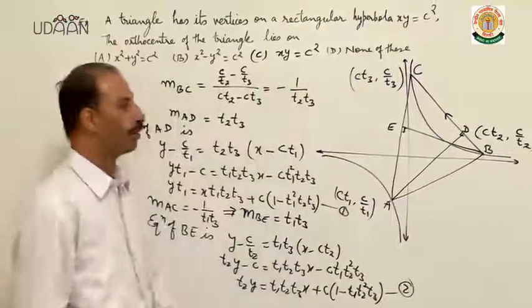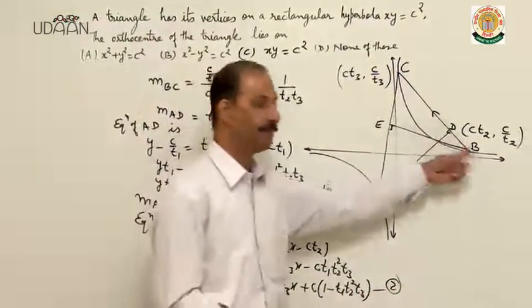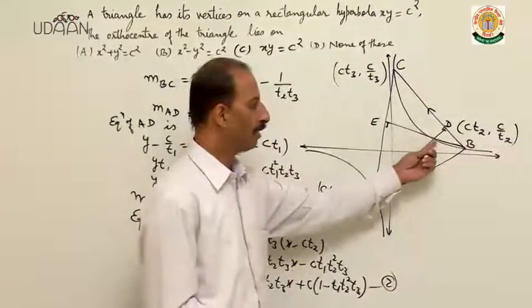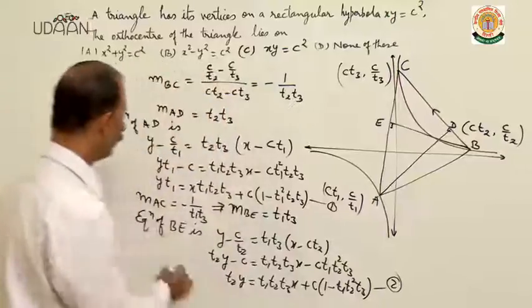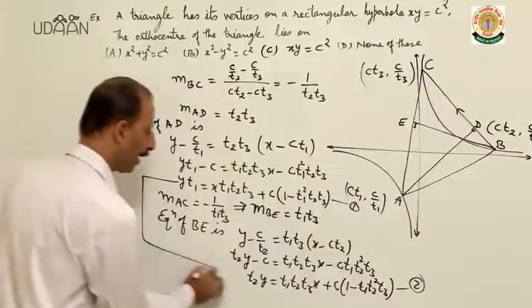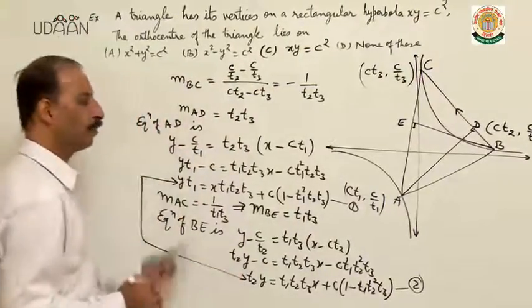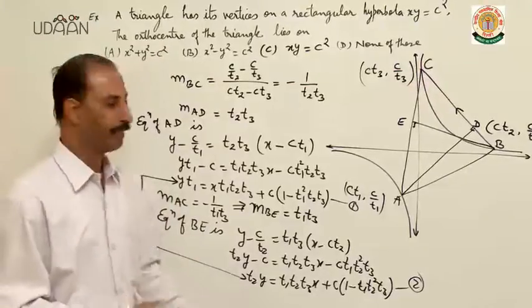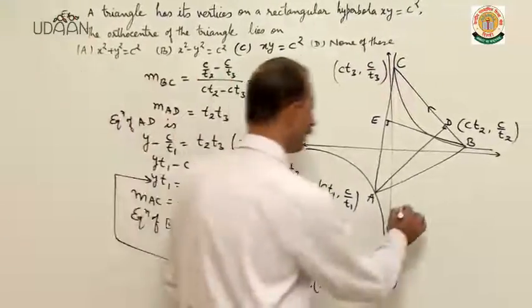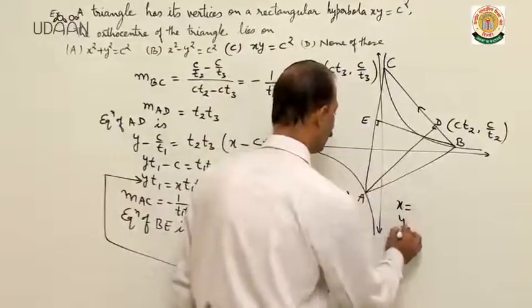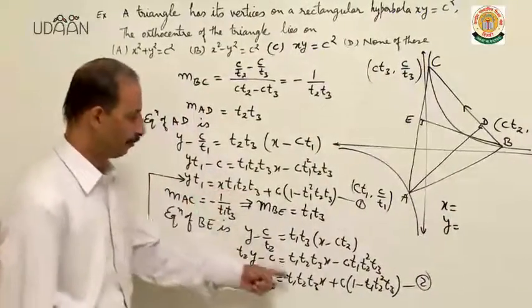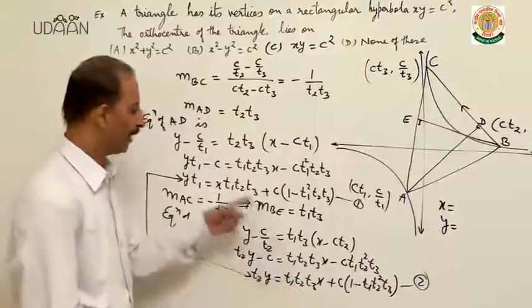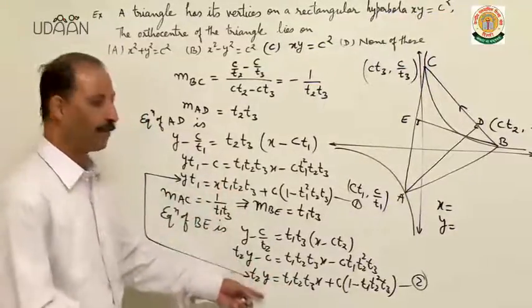Now you got the equation of AD and BE. And you know the intersection point of two altitudes is the orthocenter. So when you solve equations 1 and 2, you will get the coordinates of the orthocenter. Children, if you directly subtract, the x term will be cancelled, you will get the value of y coordinate.